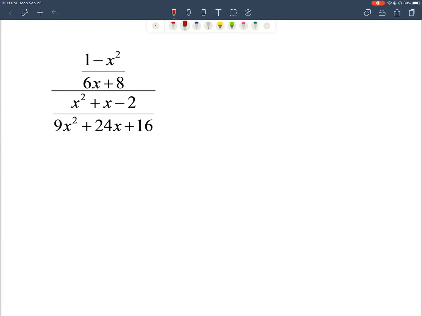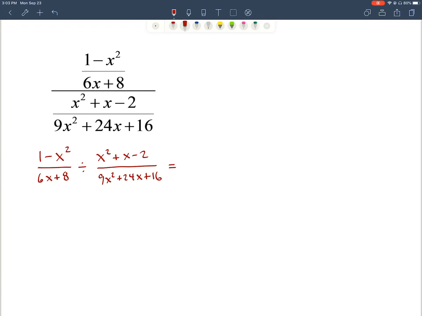So we have a fraction and a fraction, so we're going to take it here and just rewrite it first. We've got 1 minus x squared over 6x plus 8, and we're dividing it by the x squared plus x minus 2 over 9x squared plus 24x plus 16.